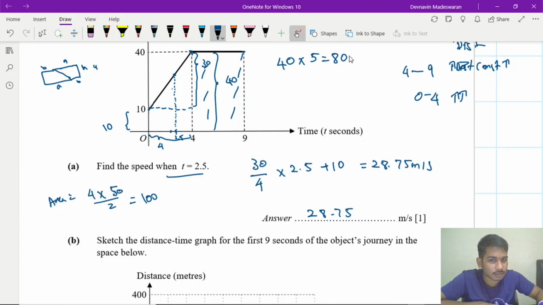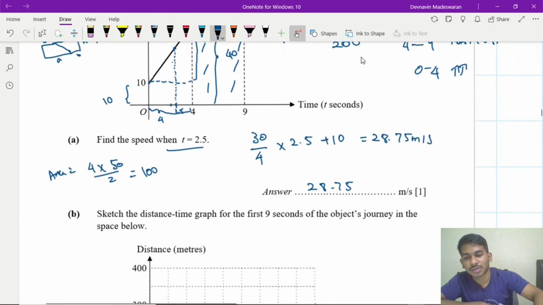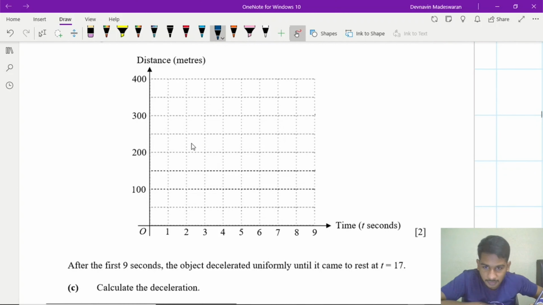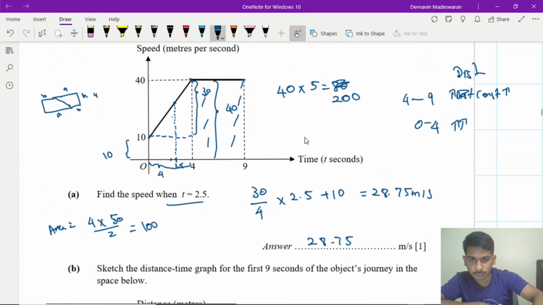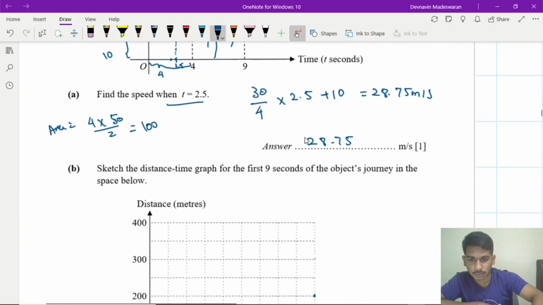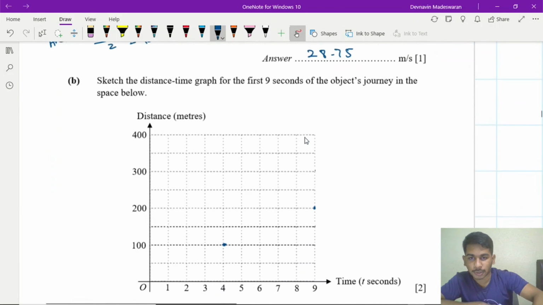Yeah, 80. No, 4 times 5 is, my god, what am I doing? 4 times 5 is 20, so it's 200. So you're going to increase by 200. You're going to get from 100 at 4 seconds to 200 at 9 seconds. And this is going to be constant. Yeah, and then what else do we have?